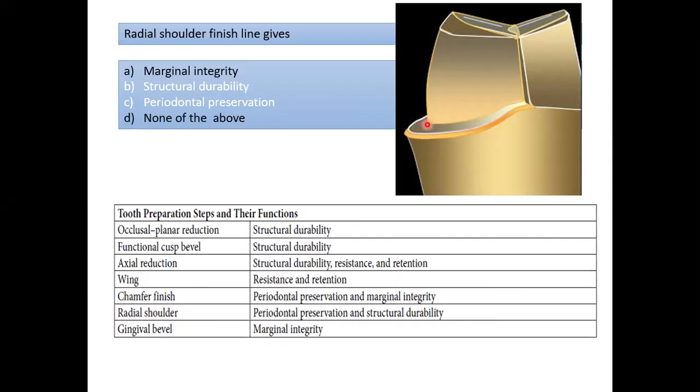That is your all ceramic case, your full zirconia and all. So a chamfer finish line is mainly for marginal integrity. A shoulder or radial shoulder finish line is for structural durability. And gingival beveling and all is mainly for marginal integrity.